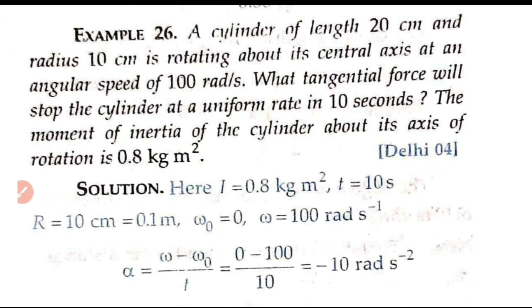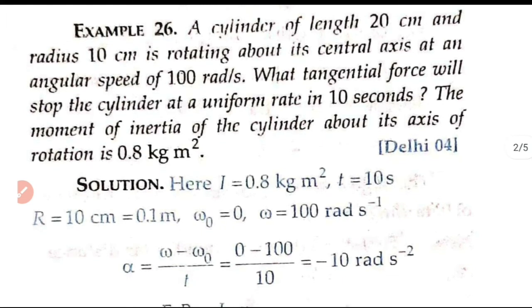It's given that the angular speed is initially 100 radian per second, and we need the force required to stop it. Finally it is coming to rest, meaning the final angular velocity is 0.